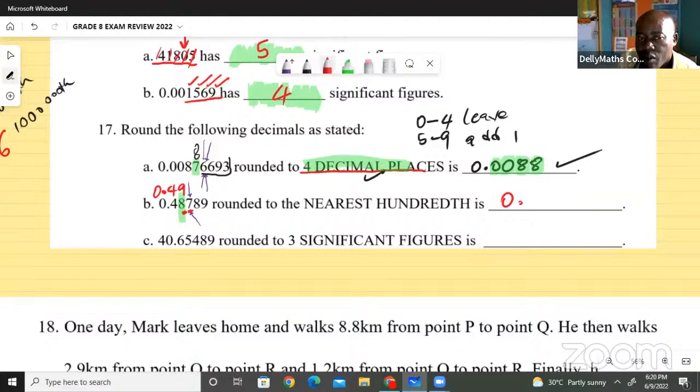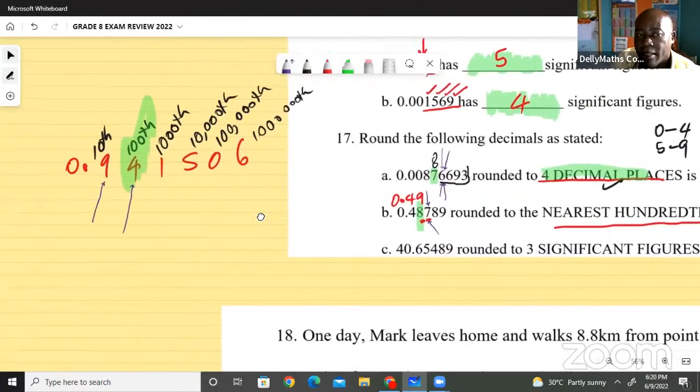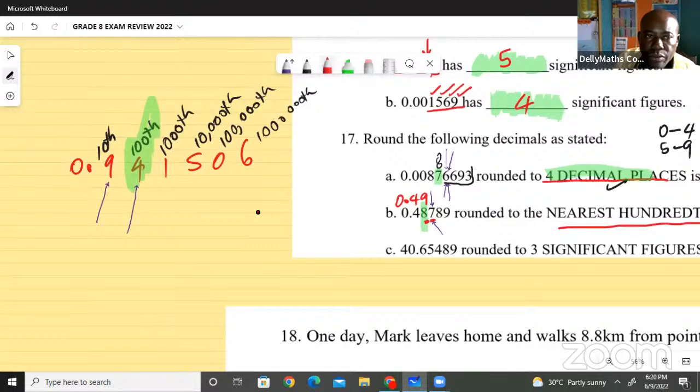So we have 0.49 as the answer. And this is rounding to the nearest 100th. And remember we said the 100th is the second decimal place.